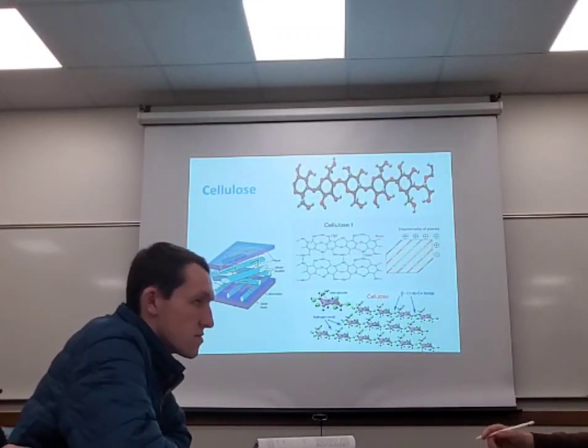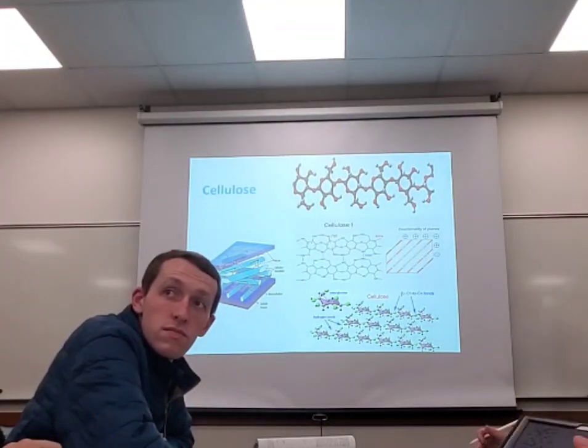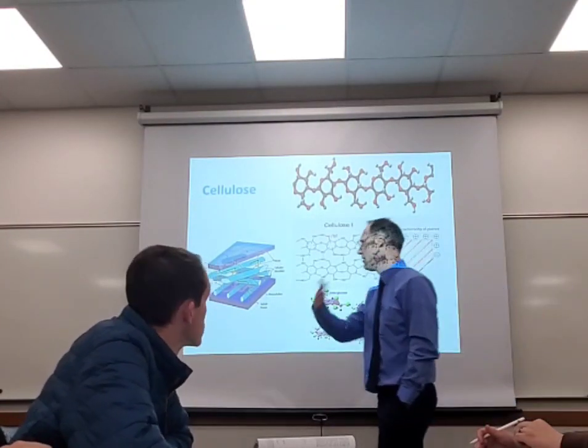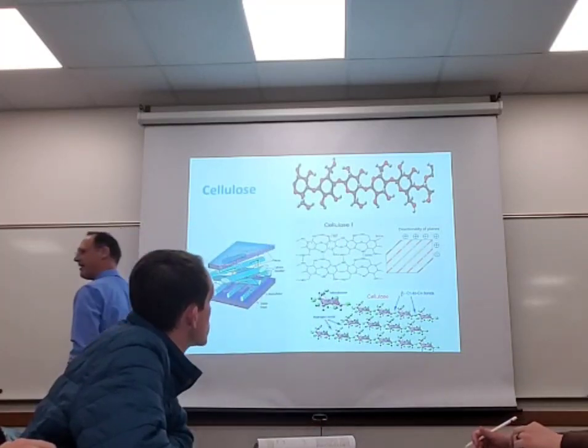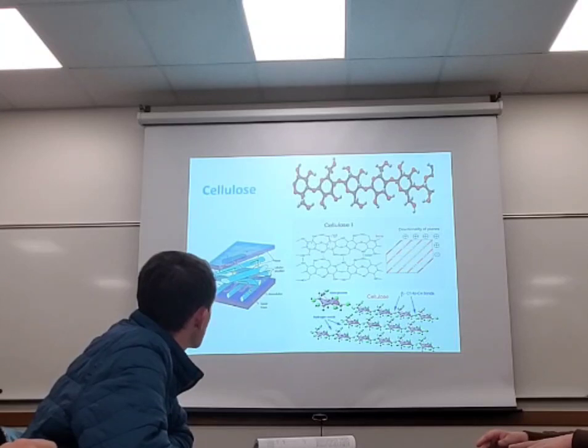Talk about it in your group for just a minute. Why does cellulose not dissolve in water? Well, that last slide showed a lot of H bonds. All the answers you need are right here, but yeah, talk about it. Isn't it just the way it's bonded to each other?